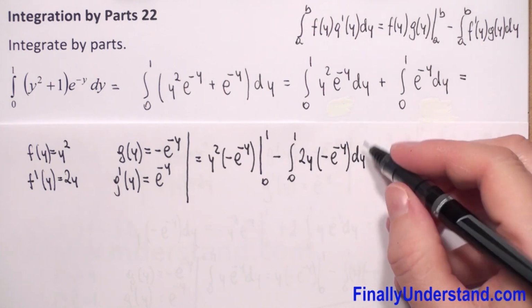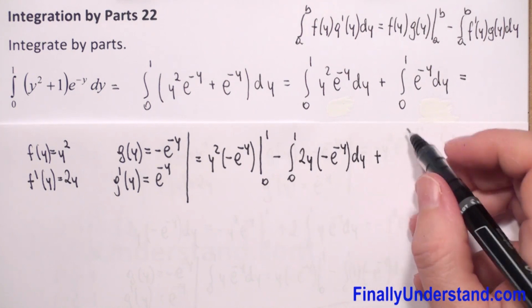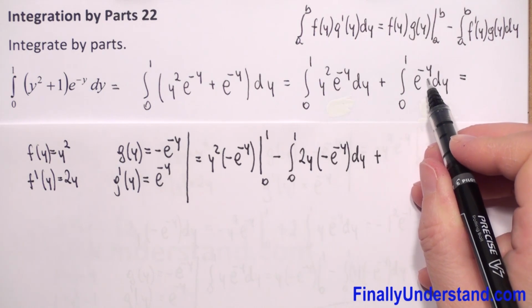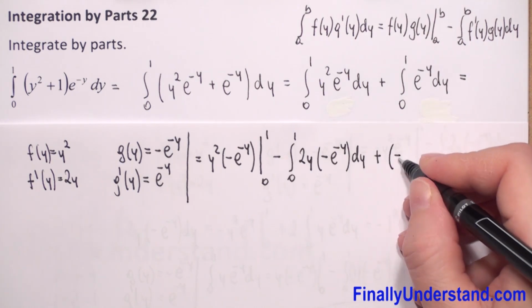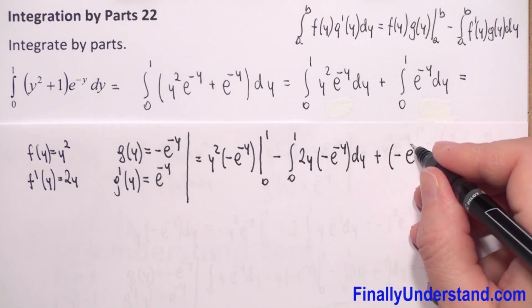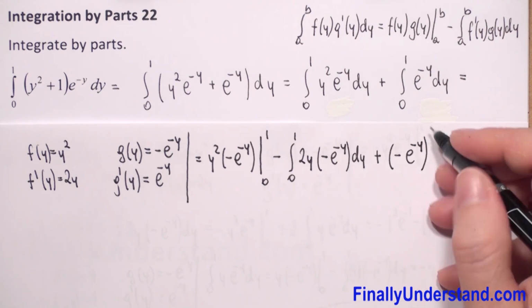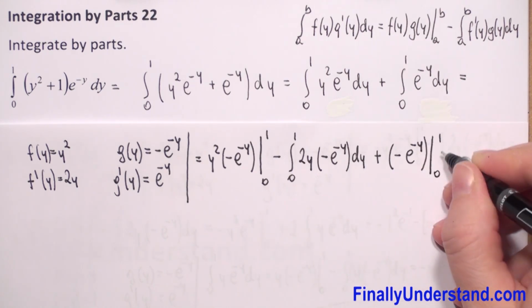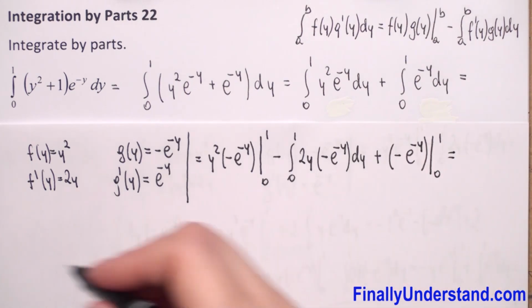So next we have to put plus the integral of e to the power negative y, which is negative e to the power negative y, and we have a definite integral, so limits from 0 to 1 we have to write.